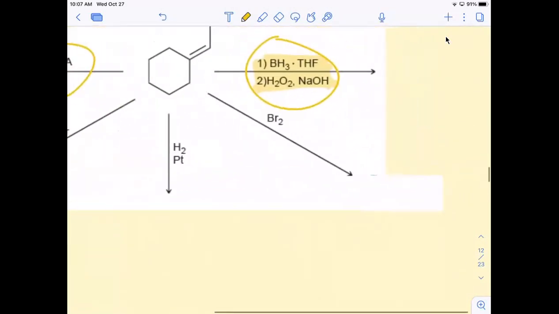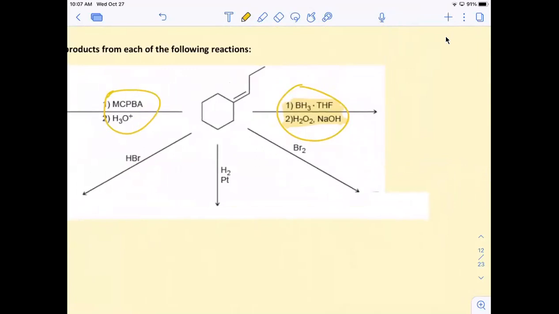What would the product be for this reaction here? Give me the name of it and tell me something about it. It's halogenation. Good, that's right.